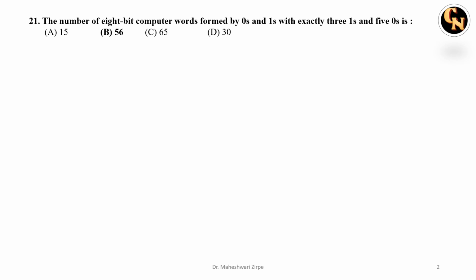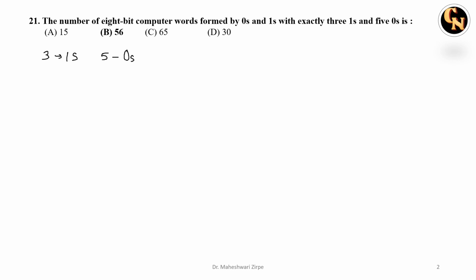So question number 21 says, the number of 8-bit computer words formed by 0s and 1s with exactly three 1s and five 0s is dash. So basically this is an example of a permutation problem, where you have to choose 3 positions of 1s out of 8, because 3 plus 5, they are saying three 1s are there and five 0s are there.